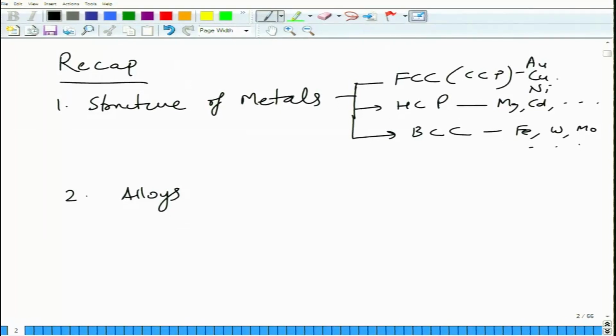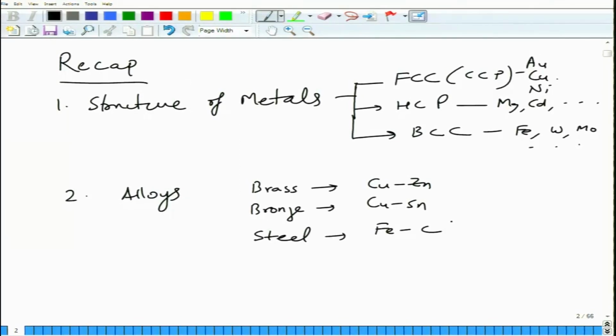For example, similarly we also use brasses and bronzes, which are solid solutions of copper and zinc, or copper and tin. So you can have brass, which is CuZn. You can have bronze, which is CuSn, and you have steel, which is iron carbon, and there are many other examples.